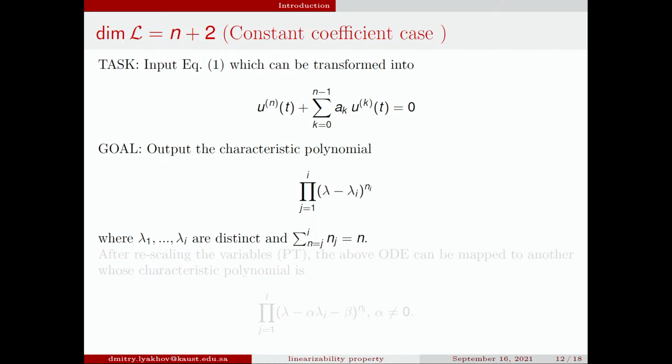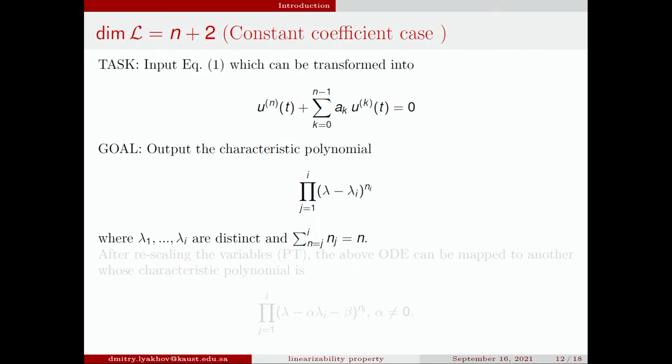Our goal is to output the characteristic polynomial of this linear ODE with constant coefficients. In this algorithm, we don't need to compute the PDE system for the linearizing mapping. We don't need any information about this, and just get the characteristic polynomial.